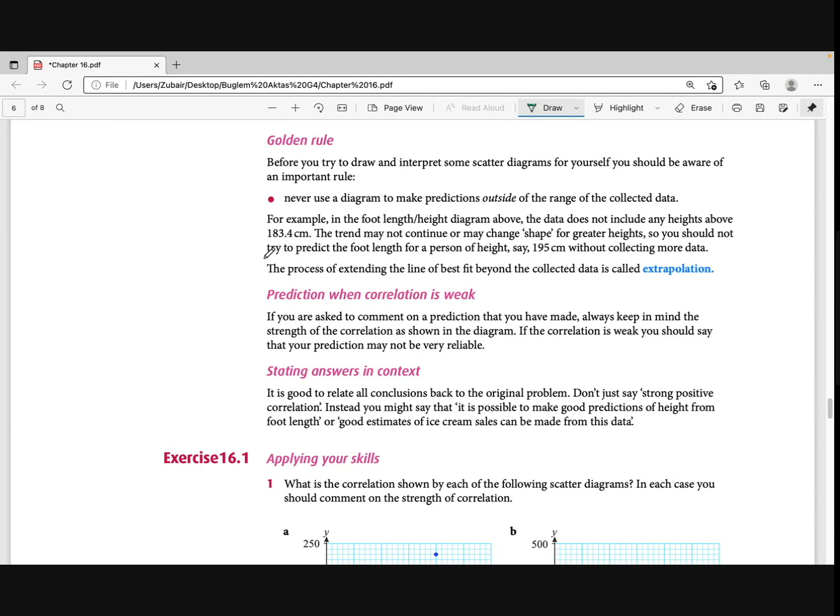So you should not try to predict the foot length of a person, say at 195, without collecting more data. The process of extending the line of best fit beyond the collected data is called extrapolation. So this also summarizes that extrapolation is not a very reliable thing, just as in the ice cream case. As temperature increased, we may expect that it's very, very hot outside and no one is getting out.